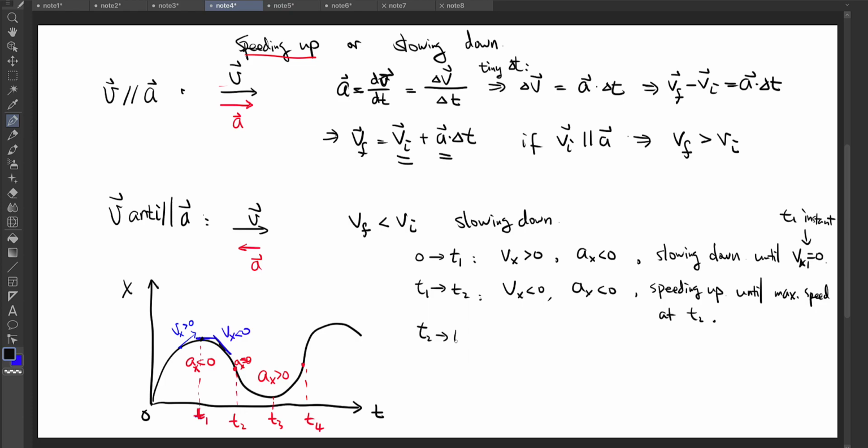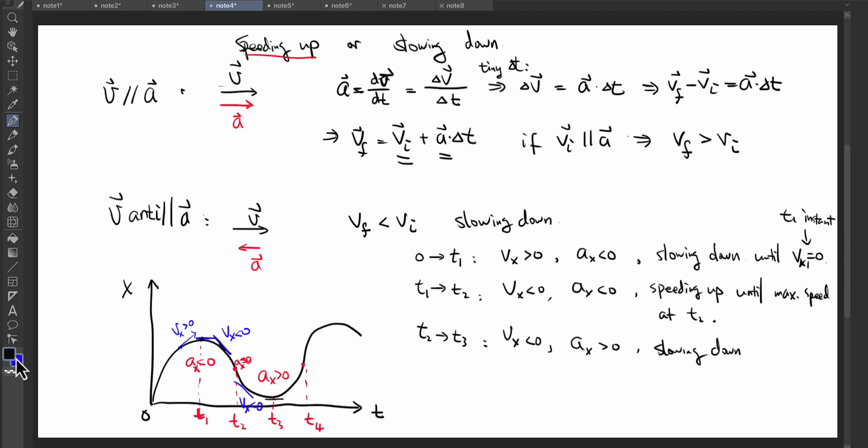Now t2 to t3. Let's keep drawing the slope. Now this Vx will be negative. Within this range, Vx is negative. Now Ax is positive. Okay, so again we're at a range of time that the object is slowing down, until this instant, the t3 instant.